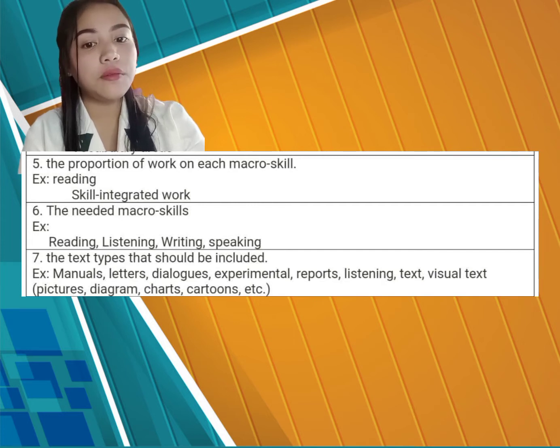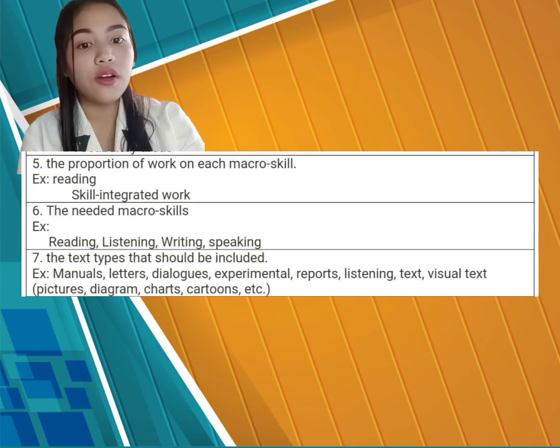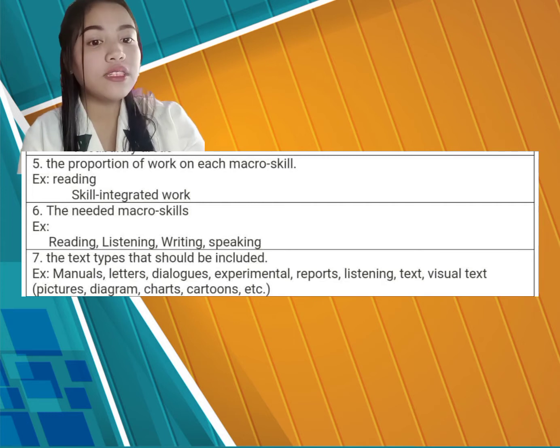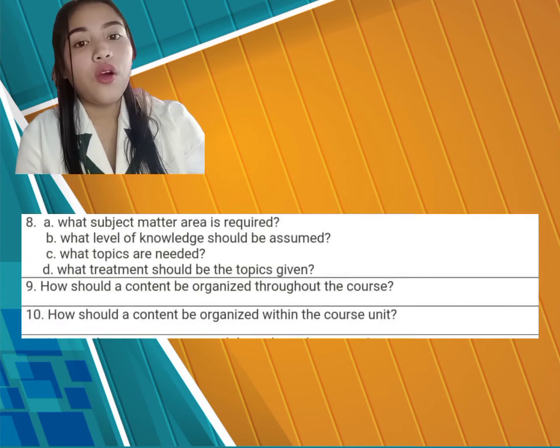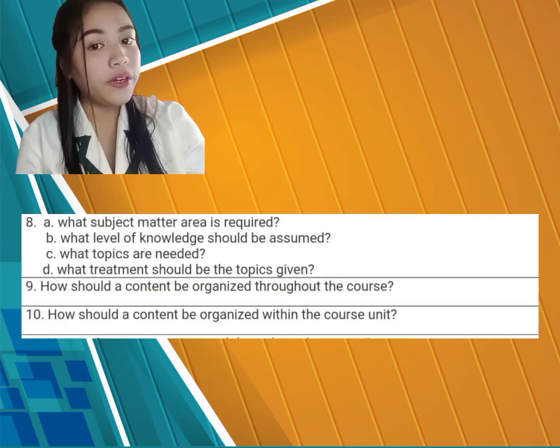The text types that should be included, for example manuals, letters, dialogue, experimental report, listening text, visual text, pictures, diagrams, charts, cartoons, etc.